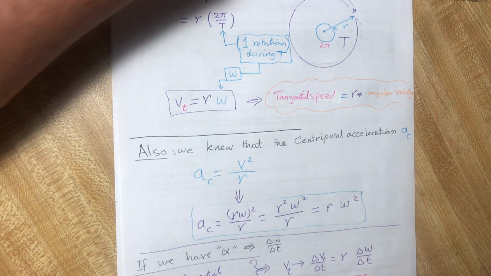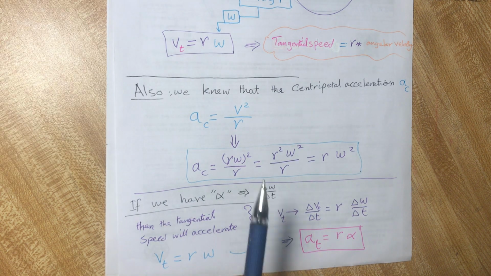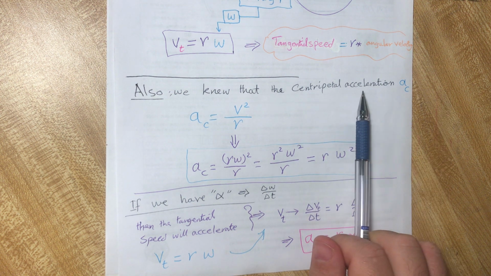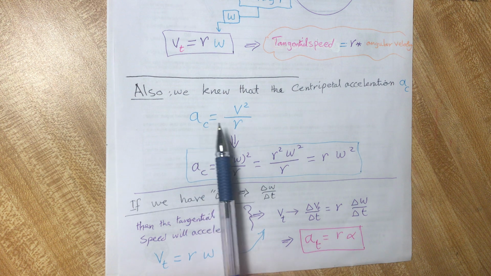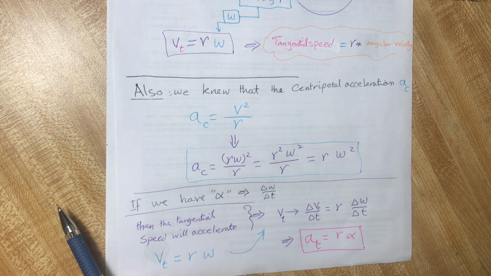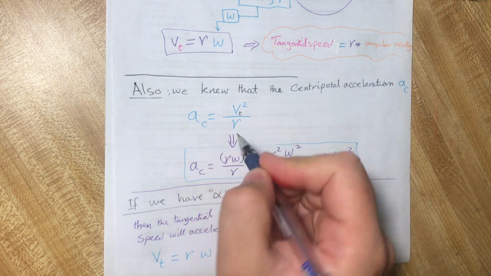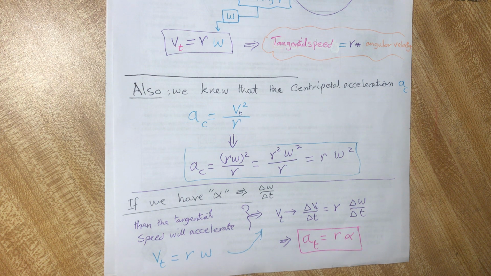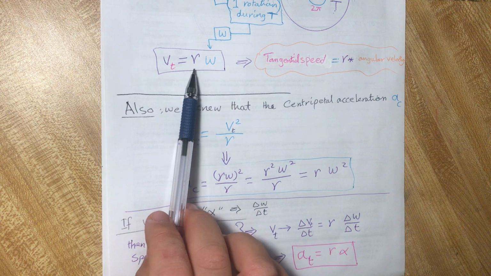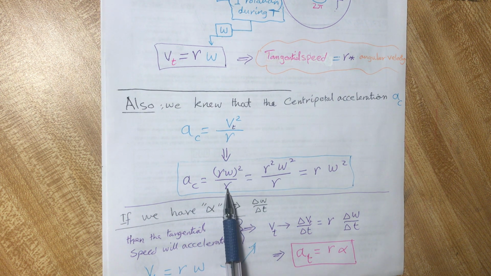Also, if we talk about the acceleration, if you remember, we studied the centripetal acceleration a_c, and we found that a_c is equal to v squared over r, where v is the tangential speed. But now we found that v tangential is equal to r omega. So we put (r omega) squared over r.